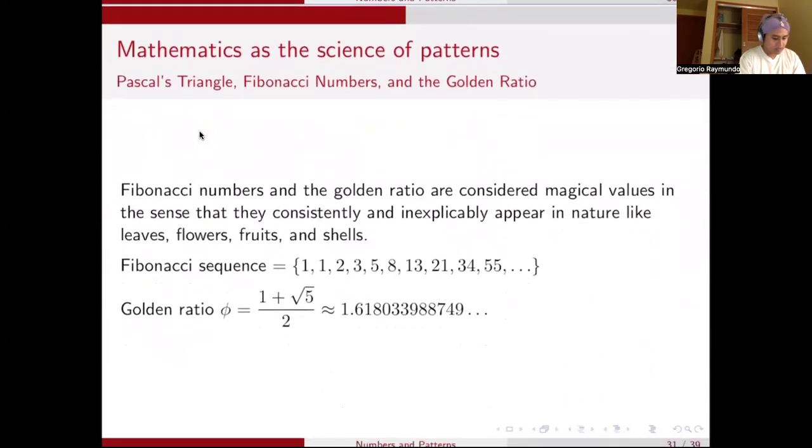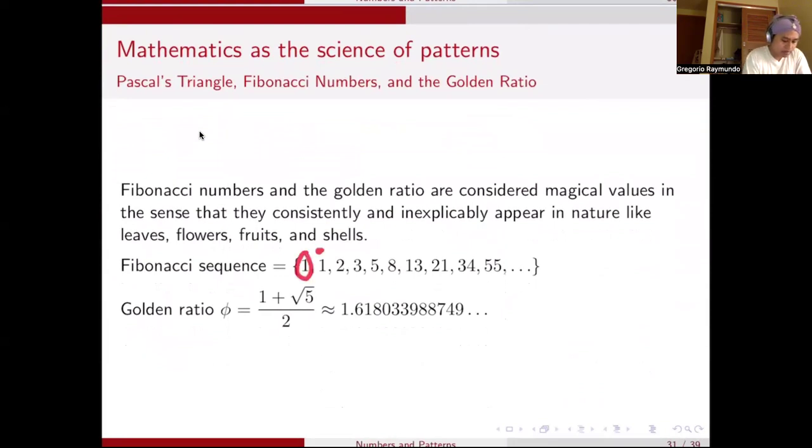Halimbawa, Fibonacci numbers. Fibonacci numbers and the golden ratio are considered magical values in the sense that they consistently and inexplicably appear in nature, like leaves, flowers, fruits, and shells. Ano yung Fibonacci sequence? So, ito yung 1, 1, 2, 3, 5, 8, 13, 21, 34, 55.